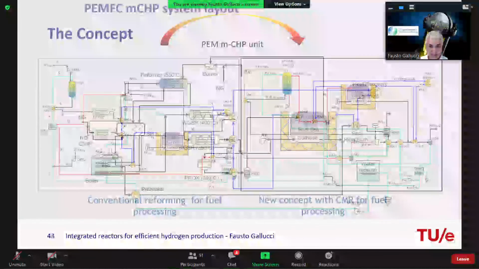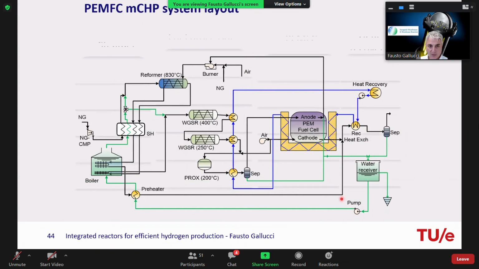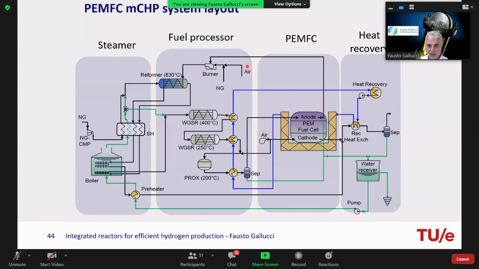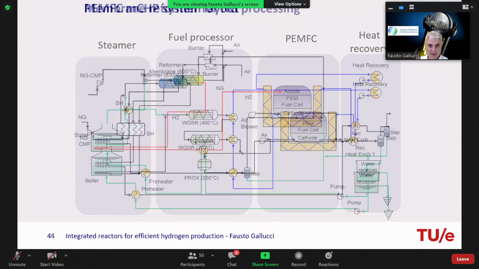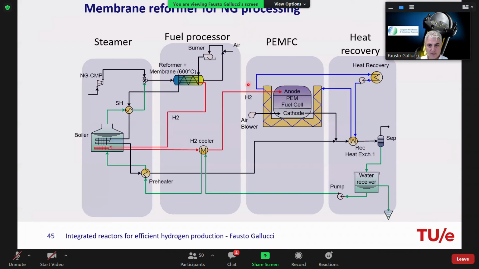So what we did is calculating the efficiency of the conventional system. We divided it in 4 parts just for visual reference, just to show that if you take the new system, which is this, and you divide it in the same 4 parts, the PEM fuel cell and the heat recovery seem the same, a lot of differences in the fuel processor, a little bit of difference in the steamer.